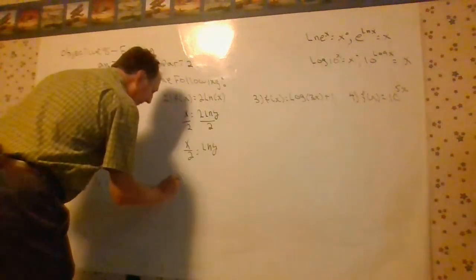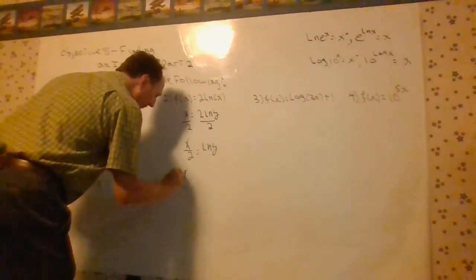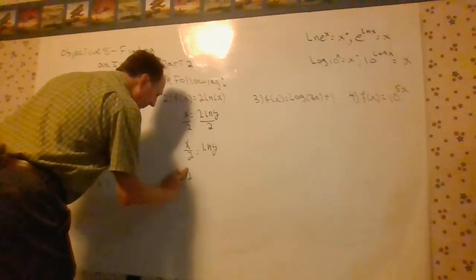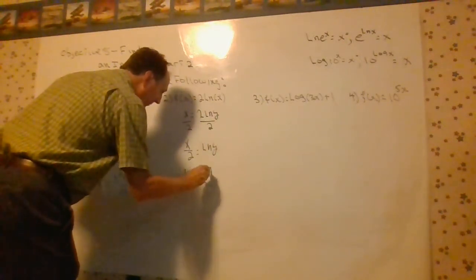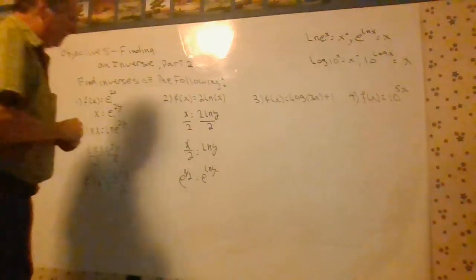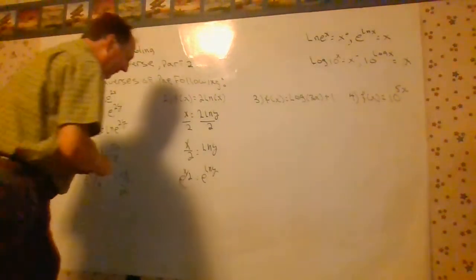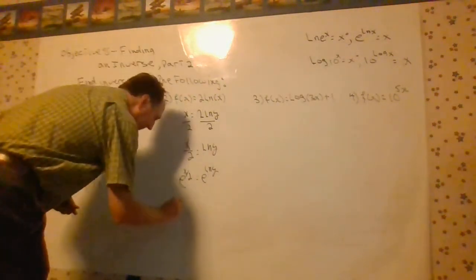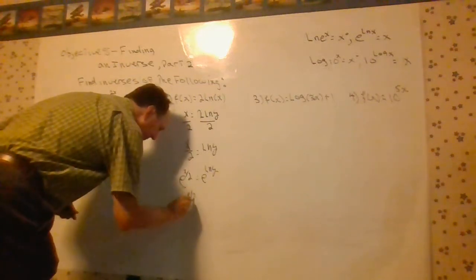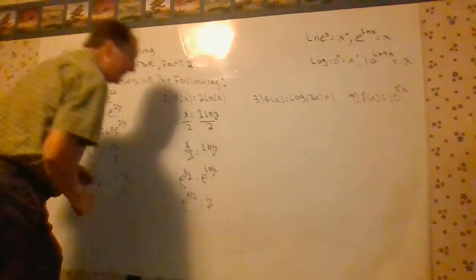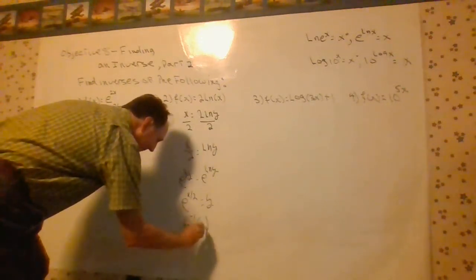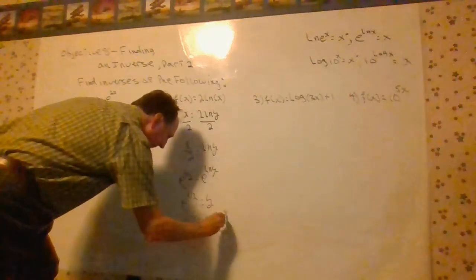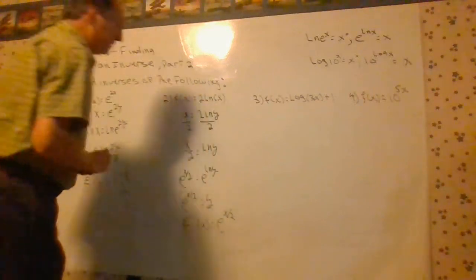Well, we use an e. E to the x over 2 equals e to the natural log of y, and e and natural log cancel out, and so we just have e to the x over 2 equals y, or f inverse is e to the x over 2.